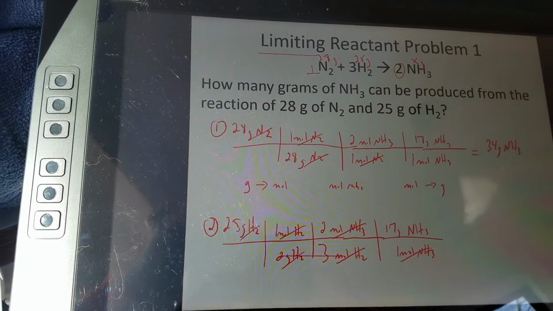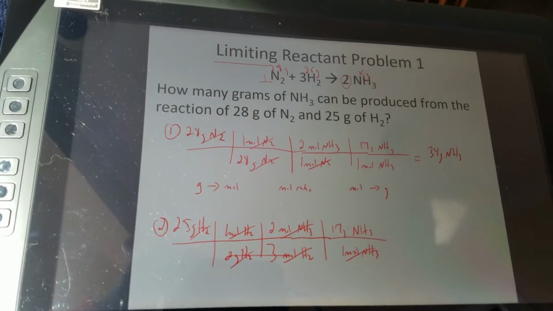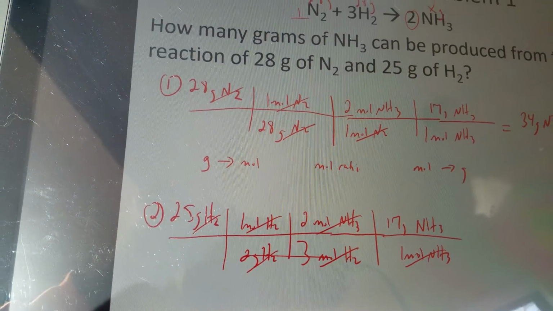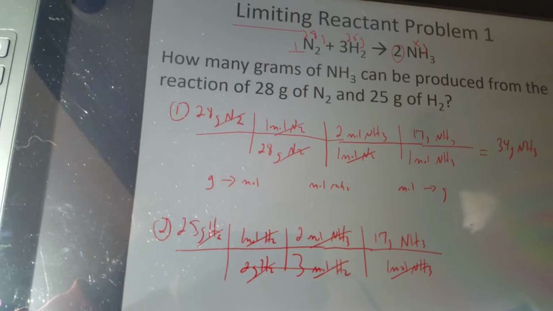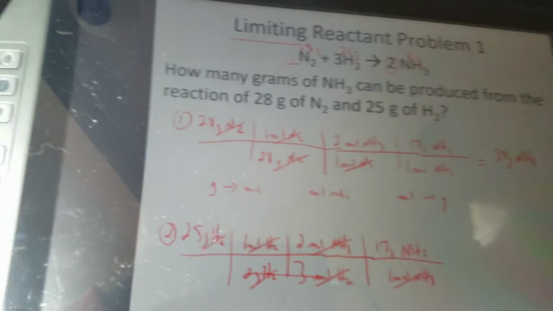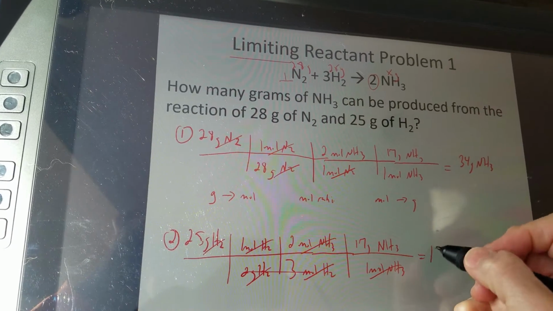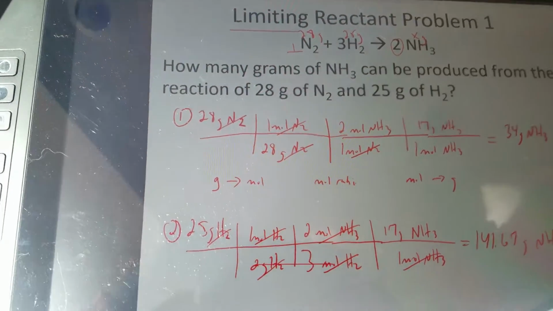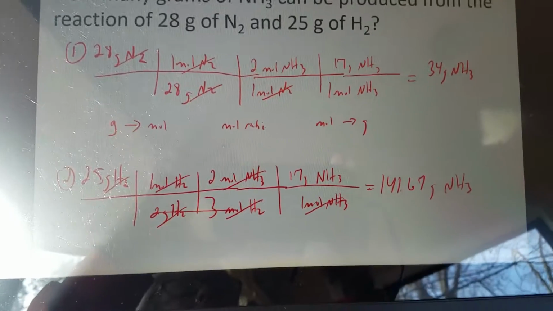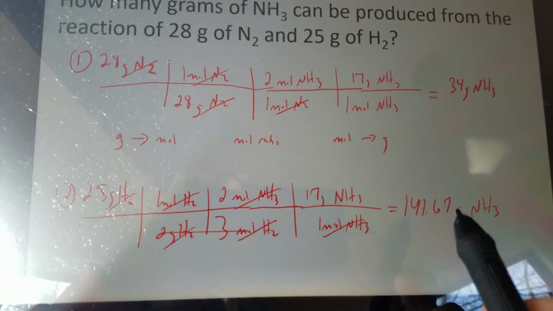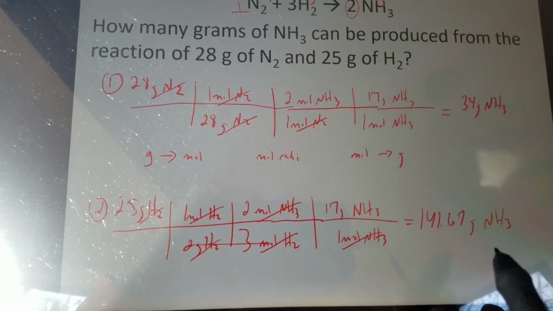And again, we're doing the math. So we've got our 25 divided by 2 times 2 divided by 3 and then times 17. This gives me 141.67. So this is telling me that if I used all 25 grams of the hydrogen, I would make 141.67 grams of ammonia.